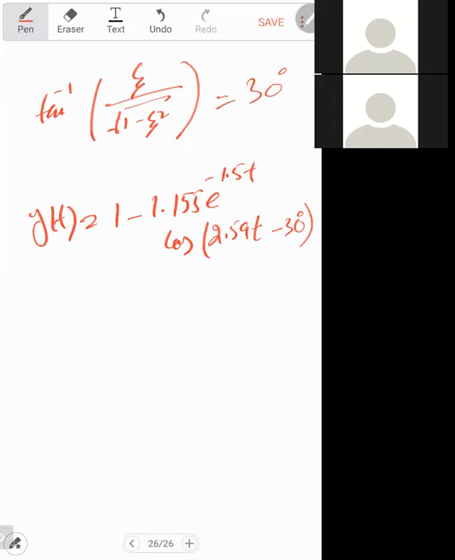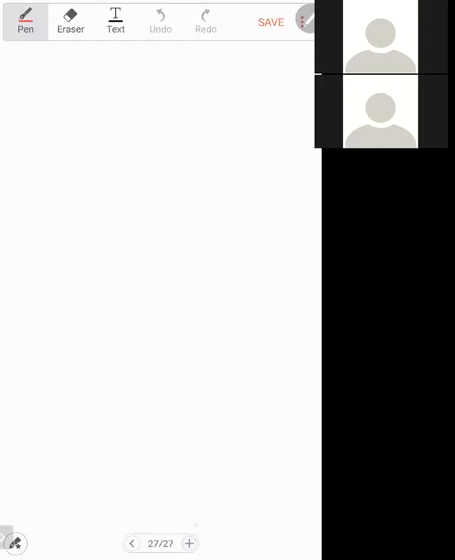Now let us do some kind of observation from the overdamped case, that what will actually happen. We can have three kinds of cases for the overdamped case.